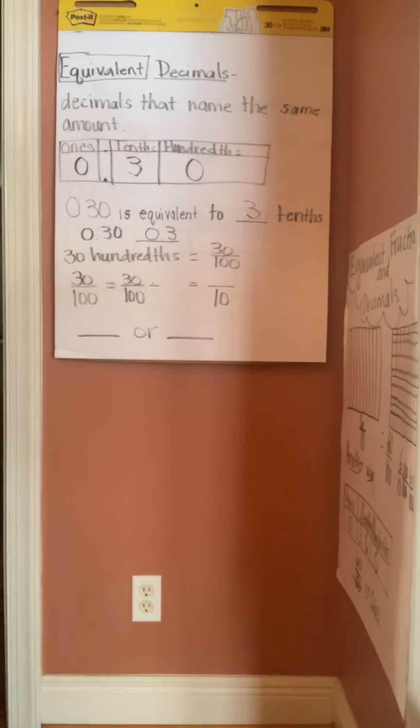Okay, so then it says another way, write 30 hundredths as a fraction with a denominator of 10. Step 1, write 30 hundredths as a fraction. So 30 hundredths written as a fraction is 30/100. And I'll have that other way here. So where it says another way, step 1.